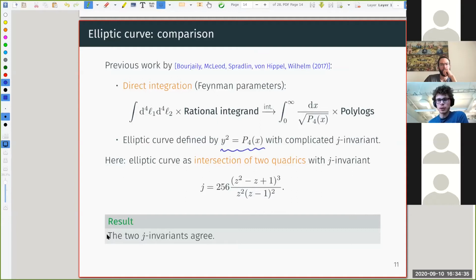So that's the first result, basically, that we find that these two descriptions match here. And that's of course very nice, because if we want to talk about the geometry of some Feynman integral, the best thing would be if it doesn't really depend on how we parameterize the integral. Okay, so that's the elliptic curve for this double box integral.